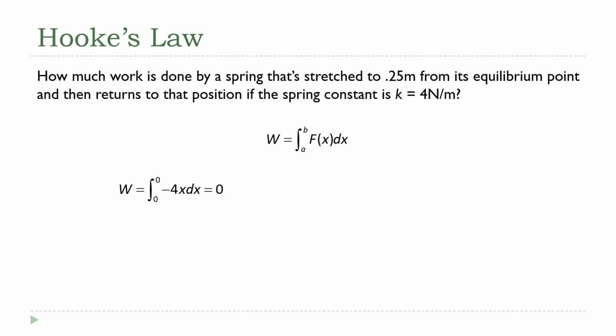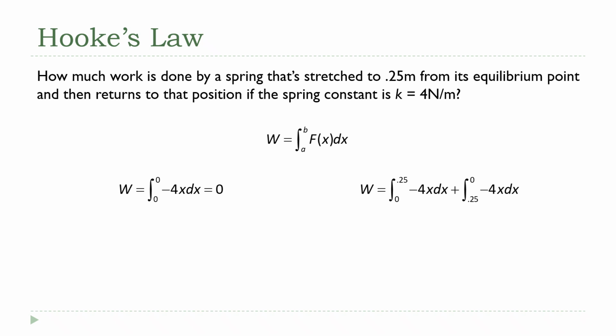But can we come up with a physical interpretation of this? How does our physics concept of work justify this answer? Well, remember, we can rewrite the integral, splitting it up into two parts. There's the integral from 0 to 0.25, that's the stretching part.